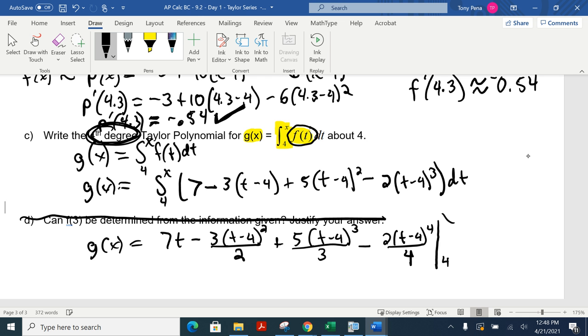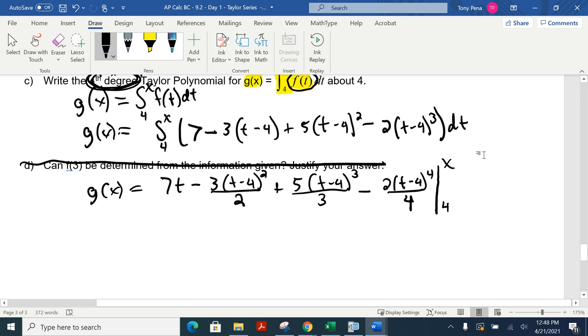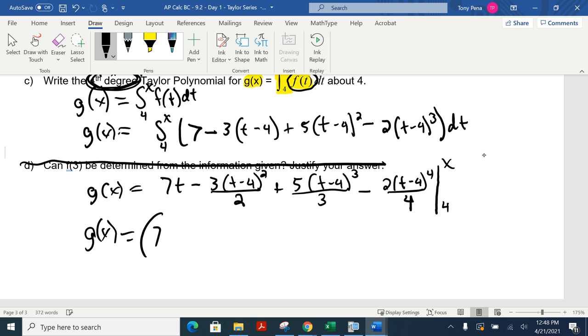We're now going to evaluate it from 4 to x. Plug in your upper limit. So all the upper limit getting plugged in puts it back in terms of x. So all the t's just become x's. I'm going to reduce this last one also.